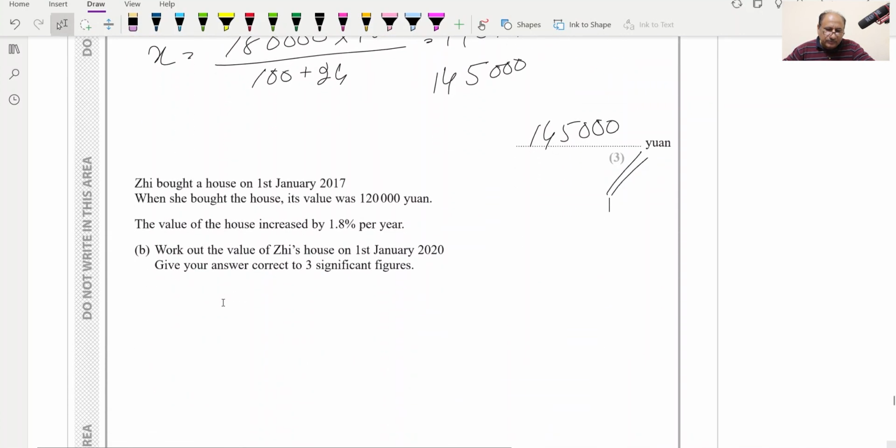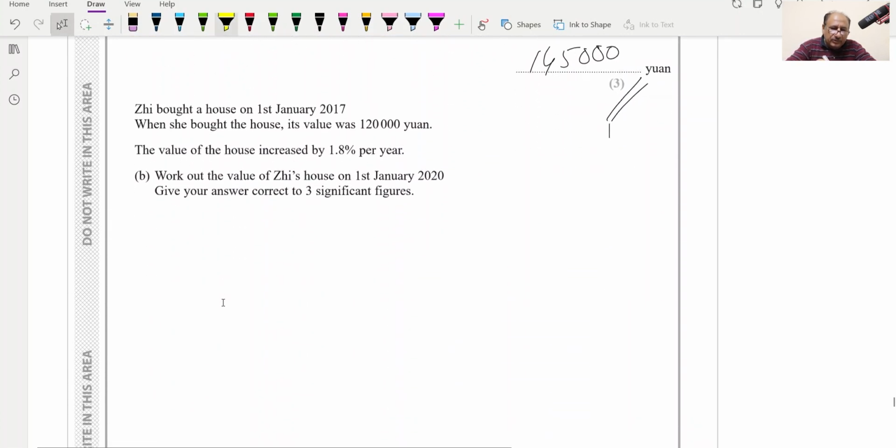Now the next part is he bought a house on 1st of Jan 2017. When she bought the house, its value was this much. So principal amount is this much, 120,000 yuan.